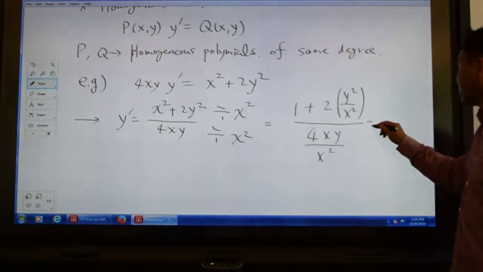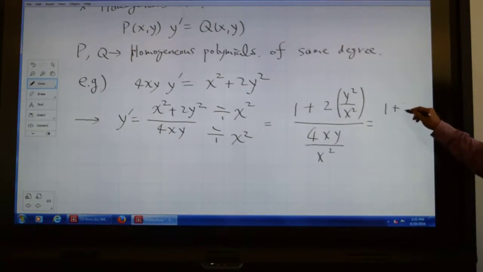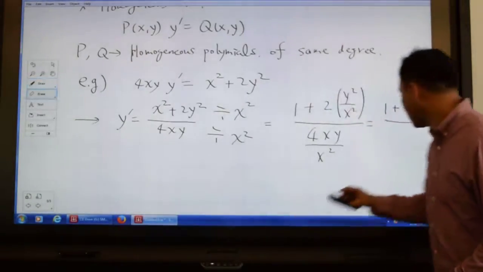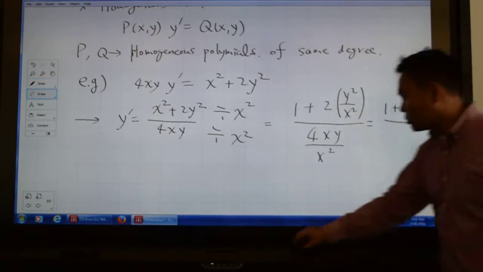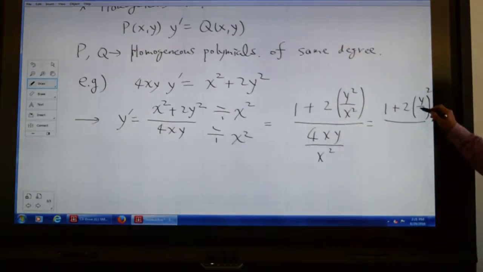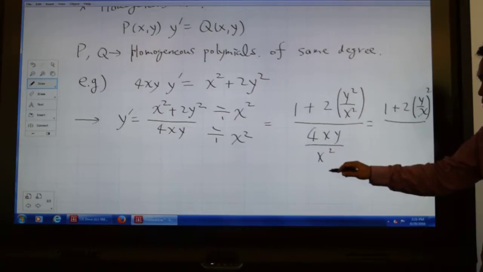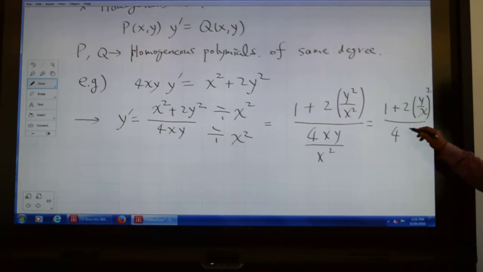So what would you get? You get 1 plus 2 times (y over x) squared. And at the bottom, x cancels with one of the x's there, so you end up with 4 times y over x.